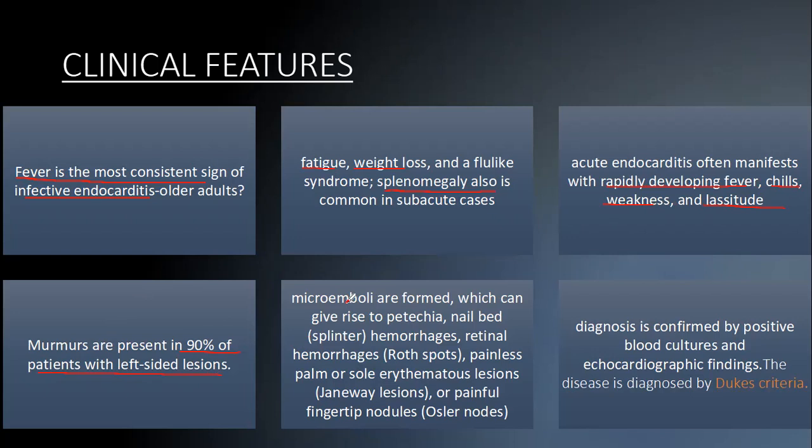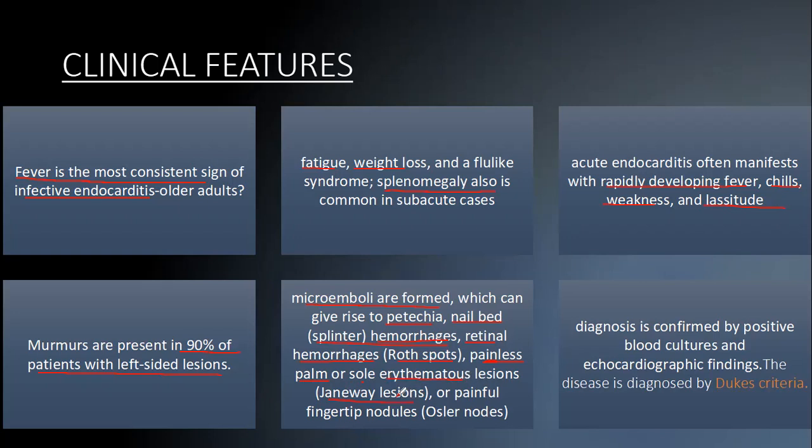Now, since the vegetations are friable, microemboli are formed, which can give rise to the petechial rash, that is, nail bed hemorrhages, the so-called splinter hemorrhages, retinal hemorrhages, the so-called Roth spots, and painless, I need you to understand that, painless palm or sole erythematous lesions, the so-called Janeway lesions.